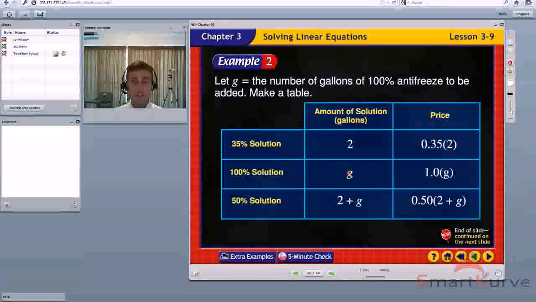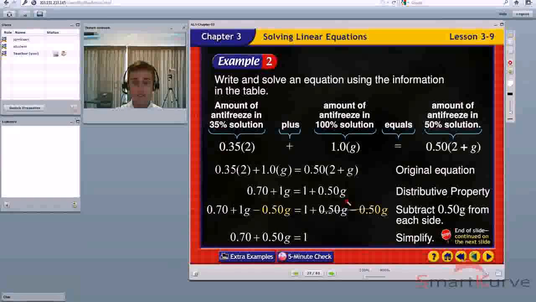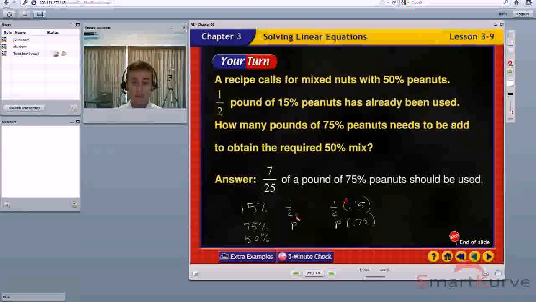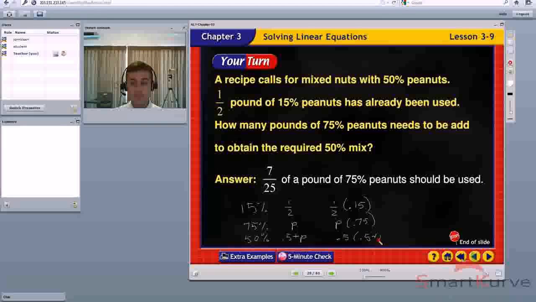We add the first two, and the amount is 0.50 times 2 plus G. So on our new one, that's going to be 0.5 plus P for pounds, times 0.5. Now when you make this into an equation, just like before, and then solve, you will get 7 over 25 of a pound of 75% peanuts should be used.